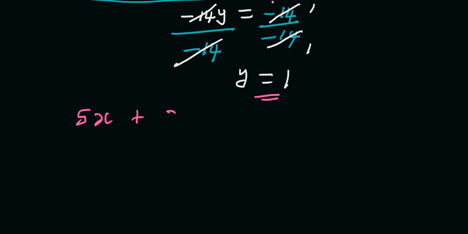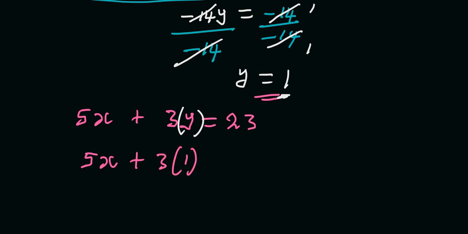Take note, this is y over here. We are going to substitute this value into that position. So this will become 5x plus 3 is equal to 23, since 3 times 1 is 3.